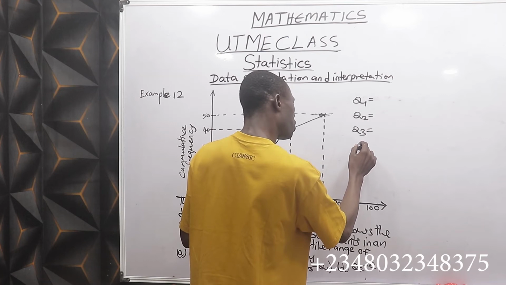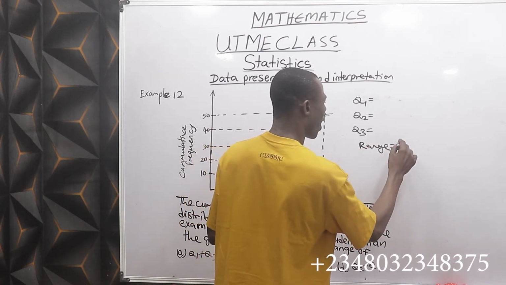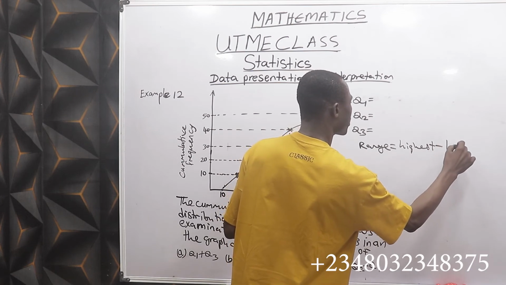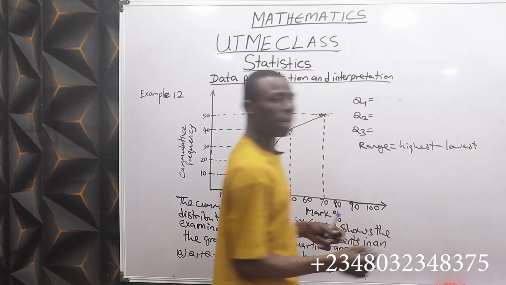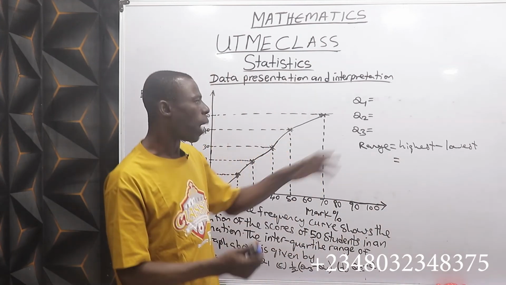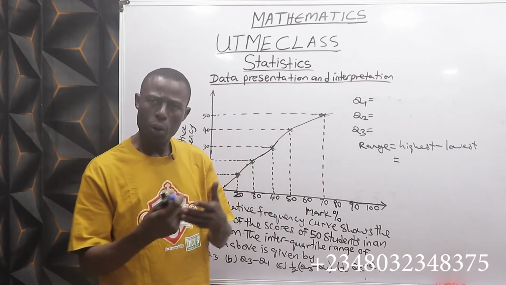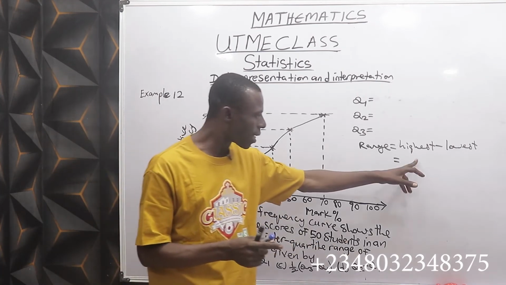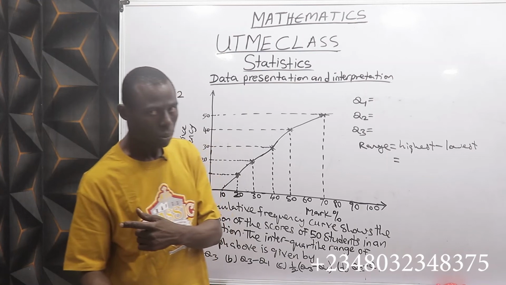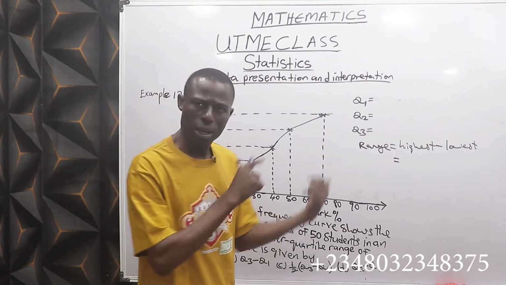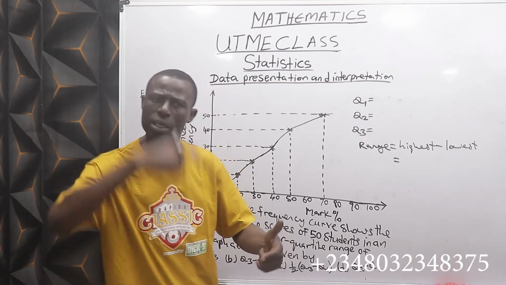Therefore, range normally is equal to the highest minus the lowest. Range normally is the highest value minus the lowest value. But what is interquartile range? It is the range among quartiles.